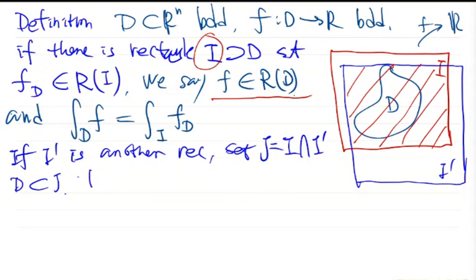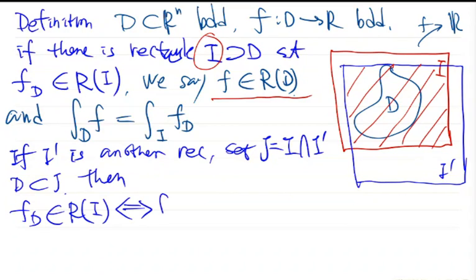Then, by the previous lemma, we see that F_D is integrable over I if and only if F_D is integrable over J, because I contains J, right?